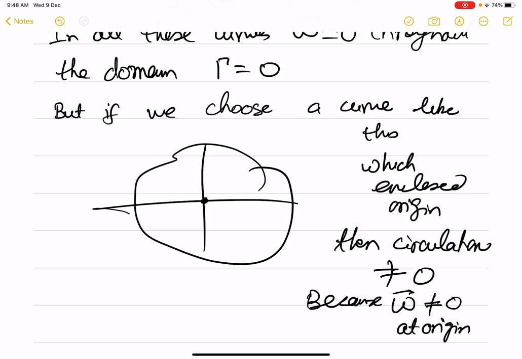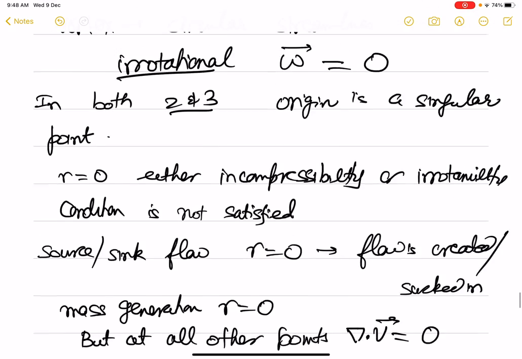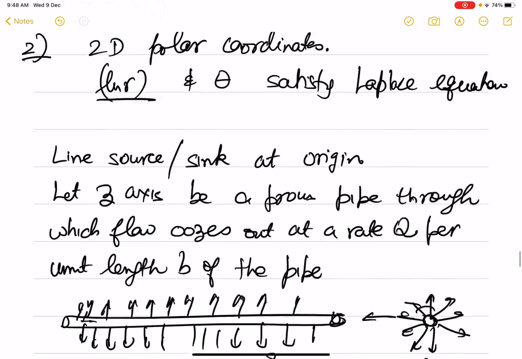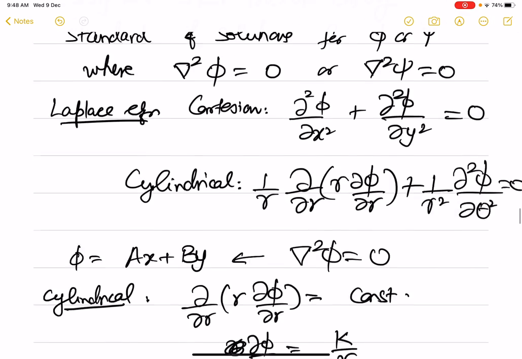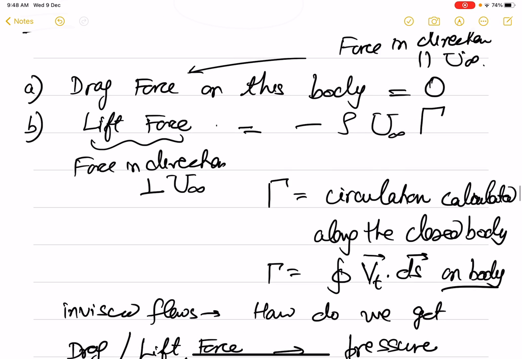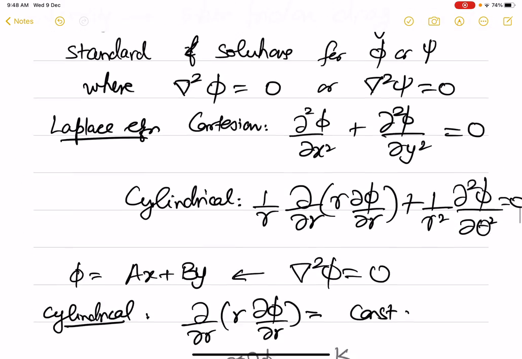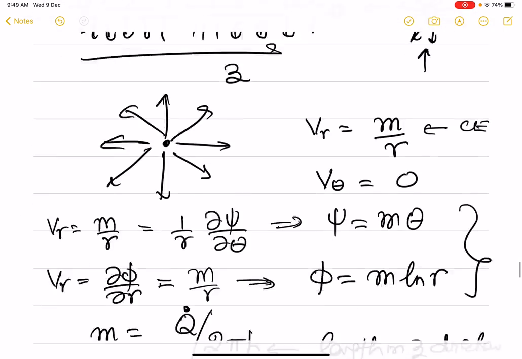So when we calculate around this, we will get a non-zero circulation. And as you may put 2 and 2 together, when we did Blasius theorem, we said the lift was given by rho u times gamma. So in flows, if we have a closed body which encloses an irrotational vortex, lift may not be zero.